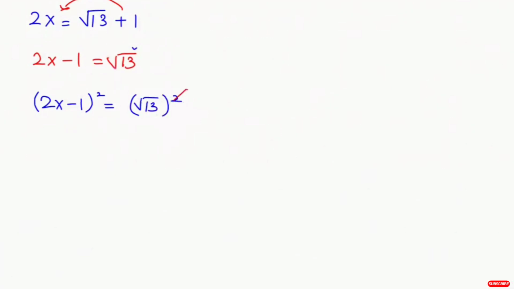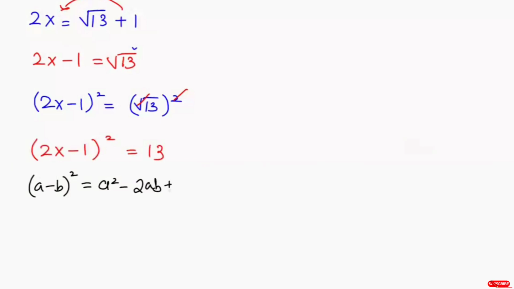Here the square and the root get cancelled. So the next equation we get is (2x minus 1) to the power of 2 equals 13. Now in the next step, I will apply the algebraic identity that (a minus b) to the power of 2 can be written as a squared minus 2ab plus b squared.